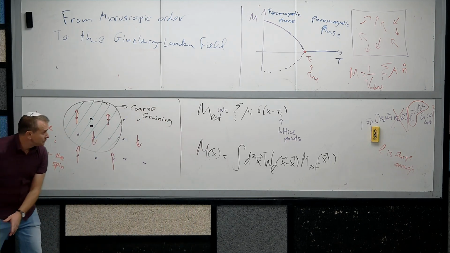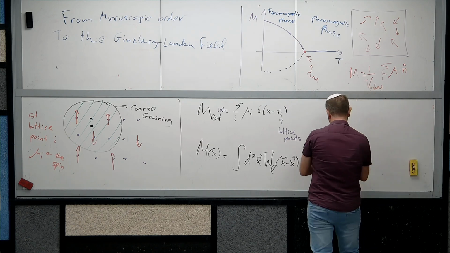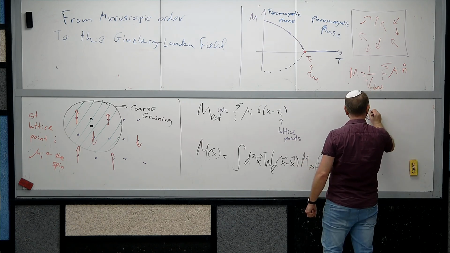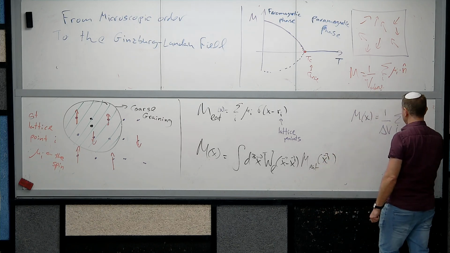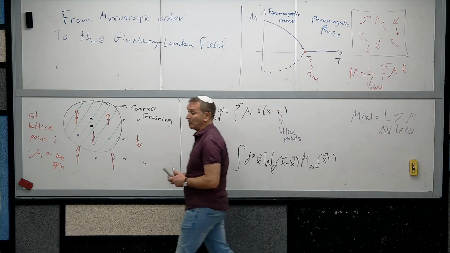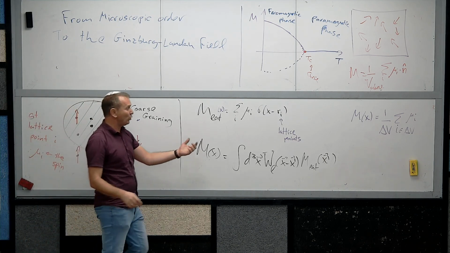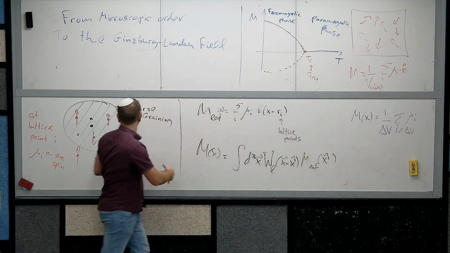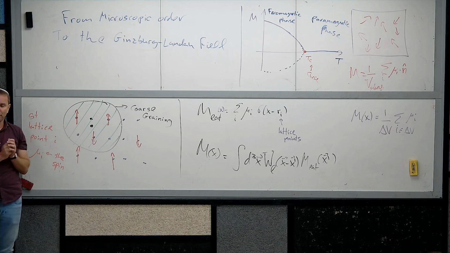For example, I can say that M of x is 1 over delta v, sum over i inside this delta v, of mu i. You can do something like that. It's not an average, right? I just sum them up and I divide it by the volume of my specific region. So it's not effective feeling. I just sum them up and I do something with them.